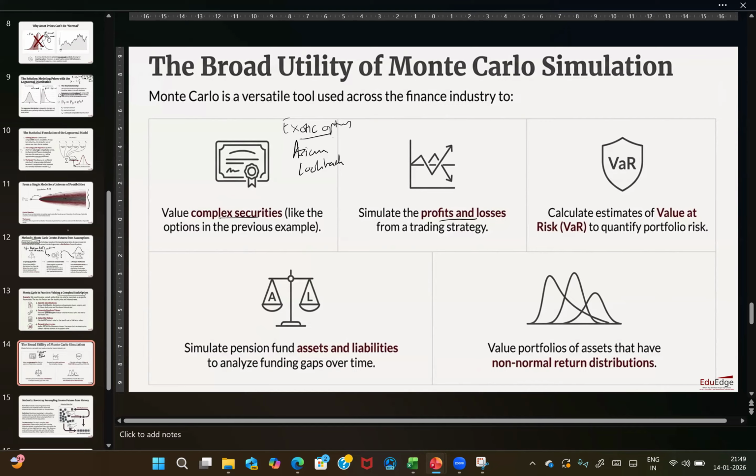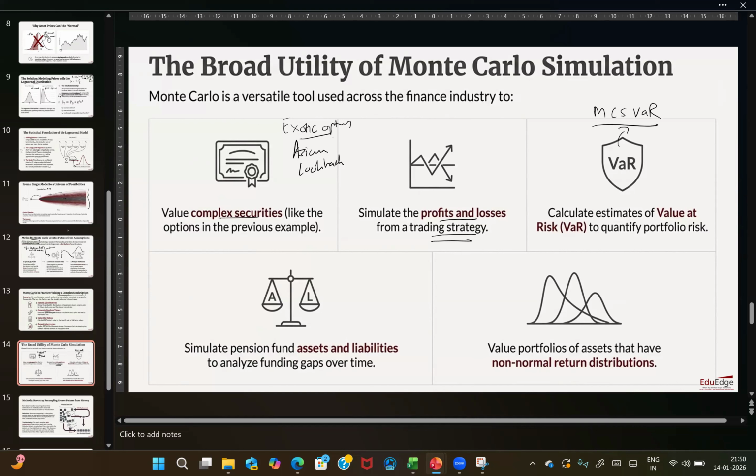You can simulate future profits and losses from a trading strategy using Monte Carlo simulations and check if the out of sample performance works or not for a particular trading strategy and how robust it is. You can calculate value at risk based on Monte Carlo simulations, and that method of VaR calculation is called MCS value at risk.